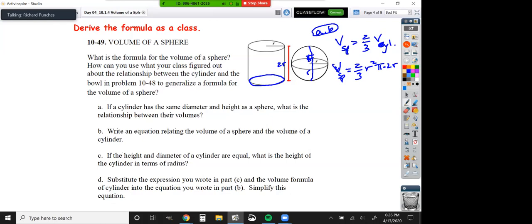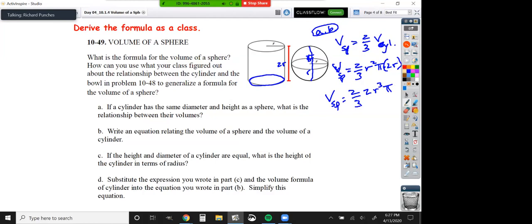So basically we're answering A, B, and C all here. So if I take 2/3 the volume of a cylinder, that's this volume right here, r squared pi times the height, which was 2r, then the volume of a sphere is going to be 2/3 of 2r cubed pi.